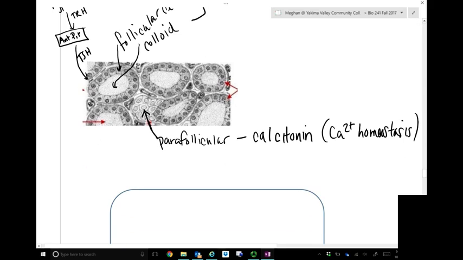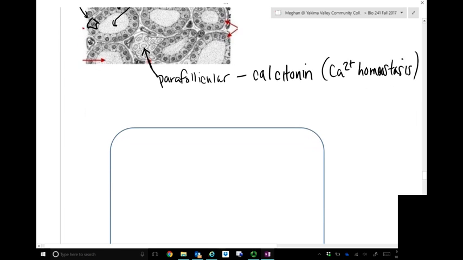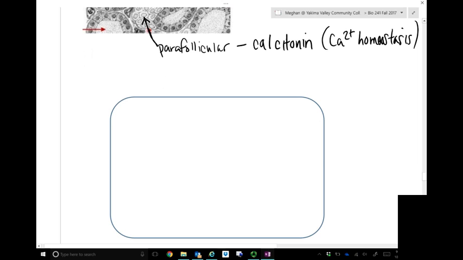So if we take this cell that's just gotten the signal that now it's time to make some T3, T4, that's going to be this cell. This is a follicular cell. Over here on this side is going to be interstitial fluid.